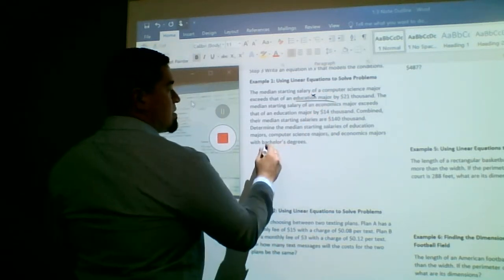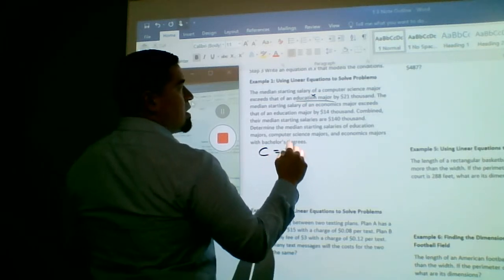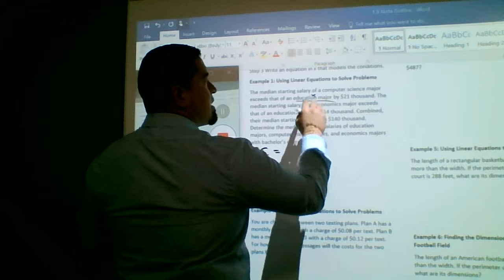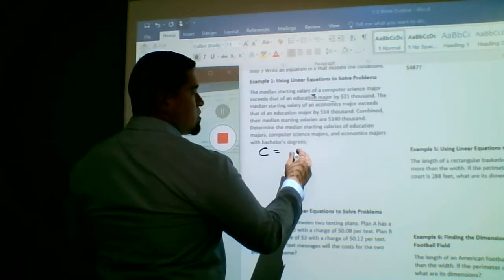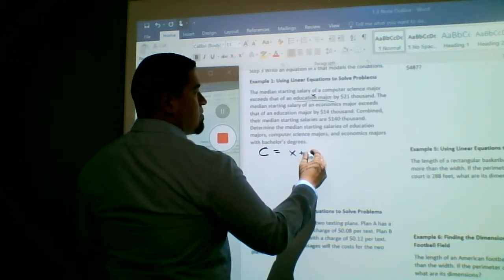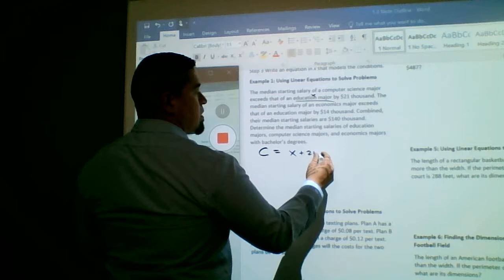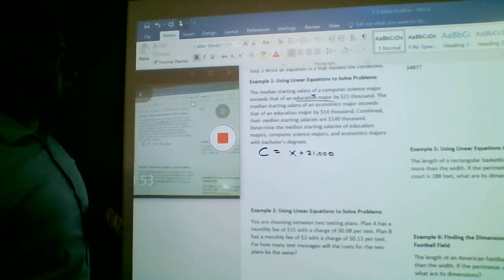So computer science equals, and exceeds means more than, so if x is the education major, we'll say x plus $21,000 would be the starting salary.